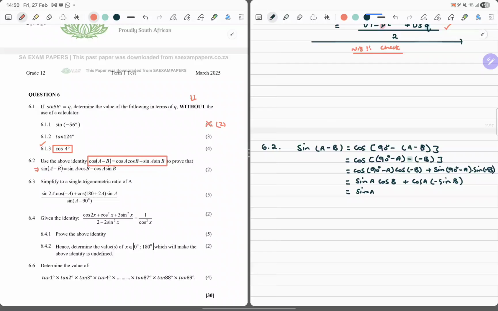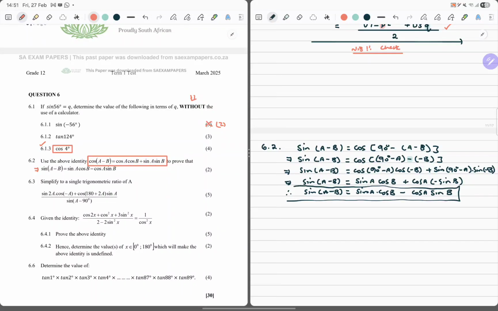So it's going to be sine A cos B minus cos A sine B. So we are done here. That is an identity for sine.